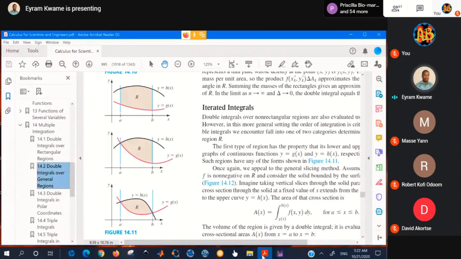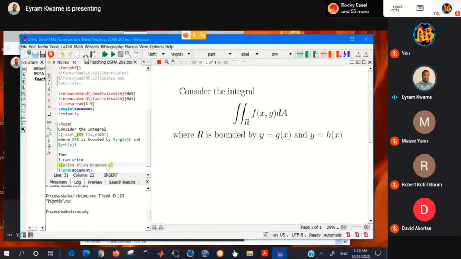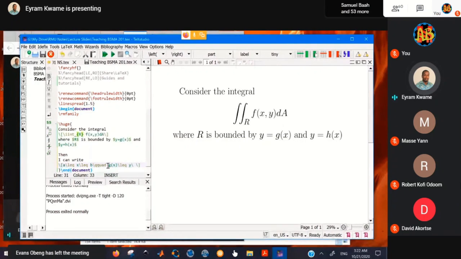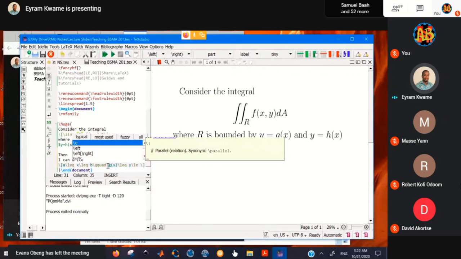So let me see which one comes first. g is down. I'm not sure, there's something just not right with my system. Okay, so I have g of x less or equal to y less or equal to h of x.